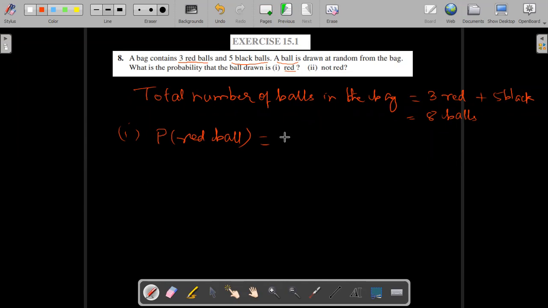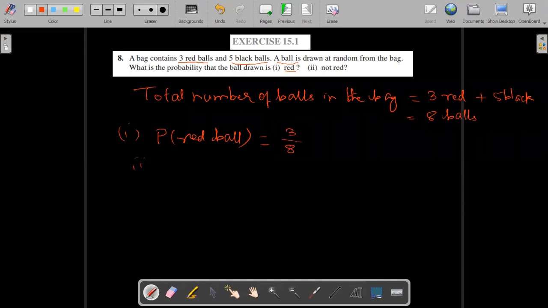Because we are taking out only one ball out of 3, we can take it in 3 ways. So 3 red balls and the total number is 8. So 3 by 8 is the probability of getting the red ball.